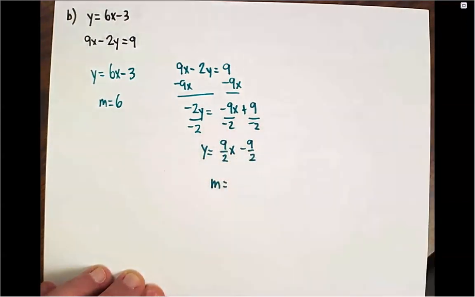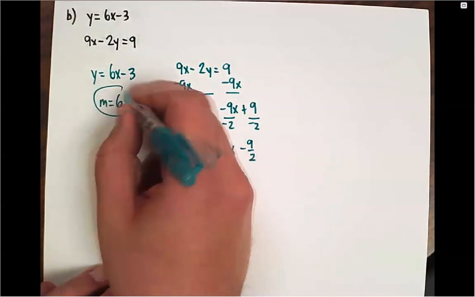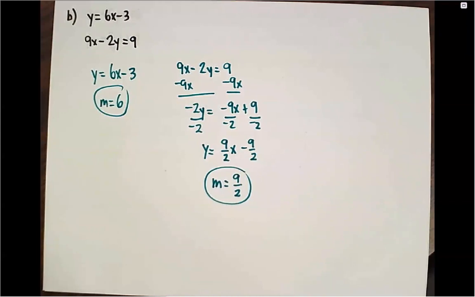So what's the slope of the second line? It's 9 over 2. So now, are those two numbers the same? No, they're not. Are they negative reciprocals of each other? No, they're not. They're both positive, so that eliminates it right there. But 6 over 1's reciprocal is 1 over 6, and 9 over 2's reciprocal is 2 over 9.